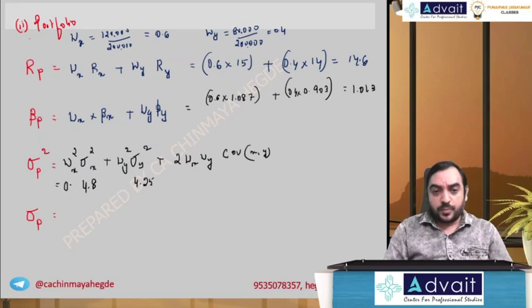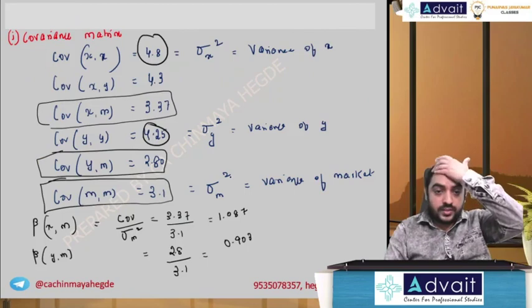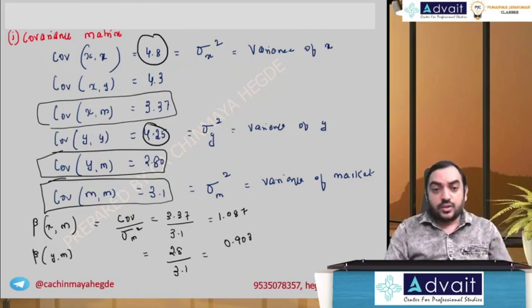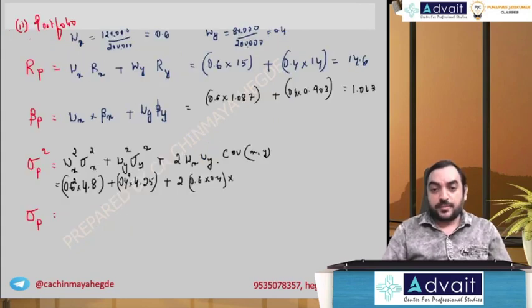Weights only you square: 0.6 square and 0.4 square. Plus 2 into Wx Wy, 0.6 into 0.4, and the covariance between X and Y, which is 4.3.